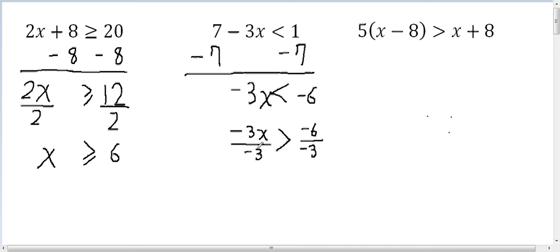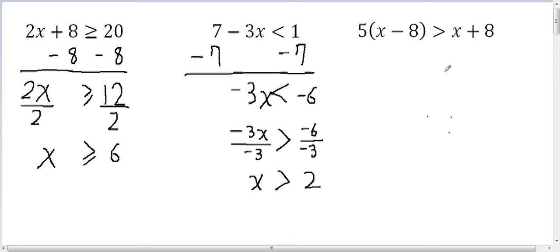Minus 3 divided by minus 3 is 1, and 1 times x is x. Minus 6 divided by minus 3 is 2. So we found that the inequality x is greater than 2 is equivalent to the original inequality 7 minus 3x is less than 1.